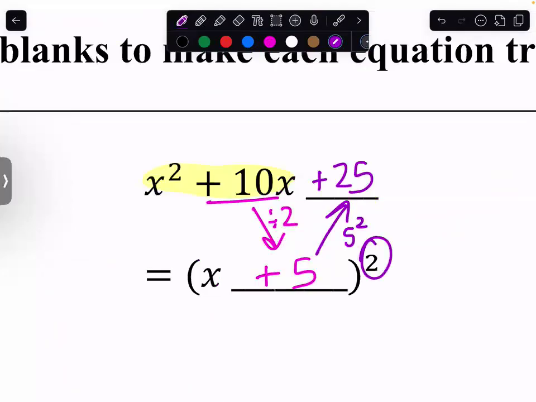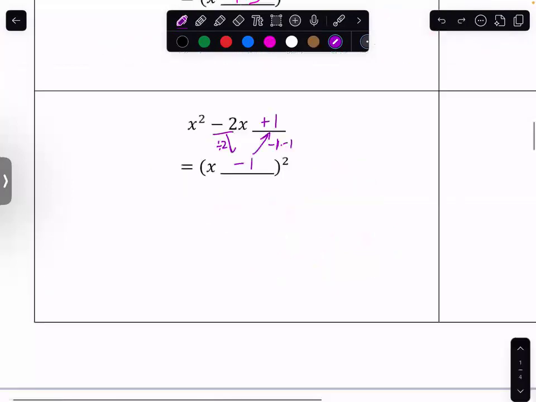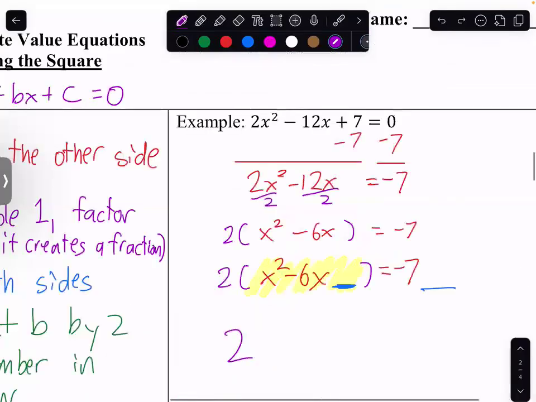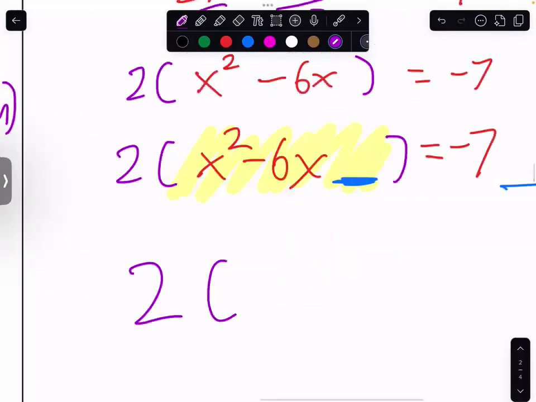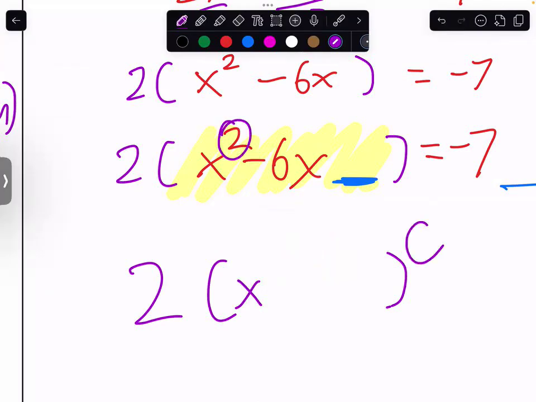It used to be on the x squared, but that squared moves to the outside. That's what we're going to do here. We're still going to have parentheses, but instead of x squared on the inside, you'll still have the x, but this squared will move to the outside.